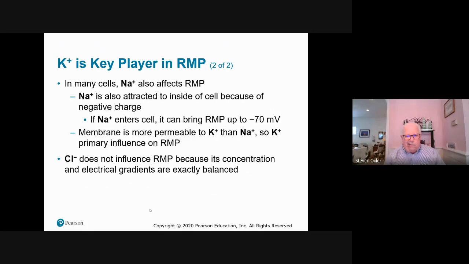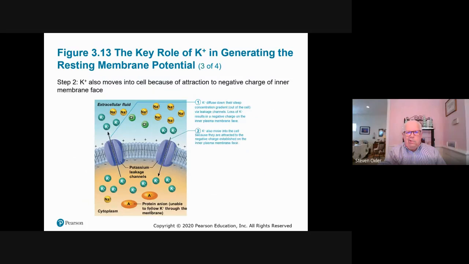So it brings the resting membrane potential up. Chloride has little influence and should not be worried about. Just remember that sodium, because it's positively charged, will bring the resting membrane potential to -70, which is up, closer to zero. Okay? Closer to zero.